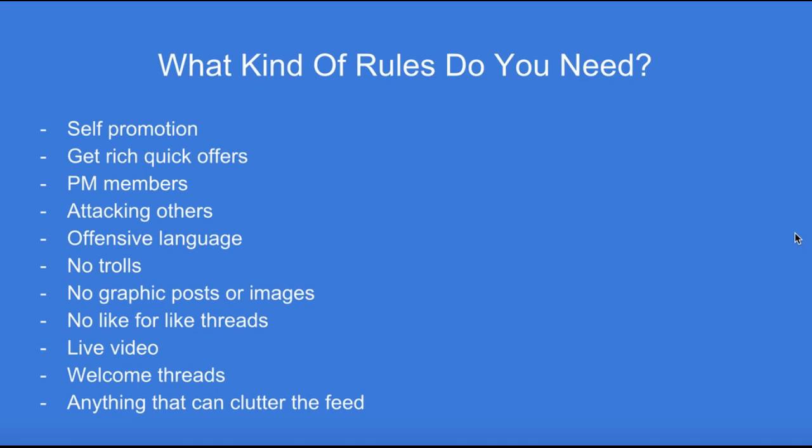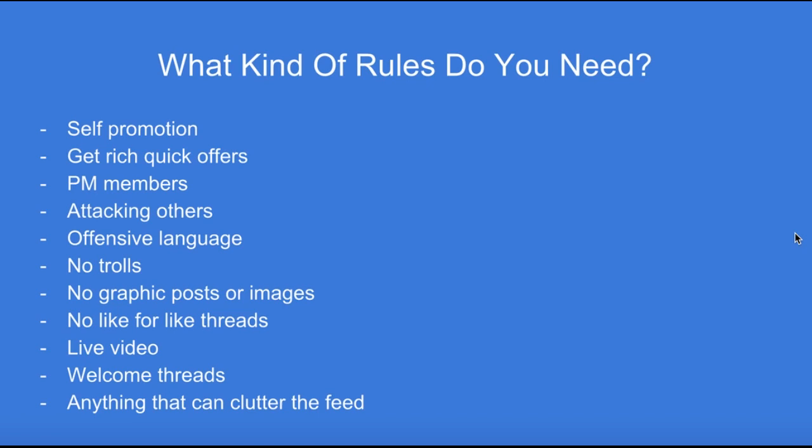And so you want to make sure from the beginning that you say, this is a free space for people to connect, but it's also a safe space for people to discuss whatever the topic is at hand. So you also want to make sure that you've got rules about whether or not offensive language is going to be tolerated in your group. And you also need to be prepared on the flip side to address if somebody comes in and starts using that kind of language, how you're going to respond as a community manager.